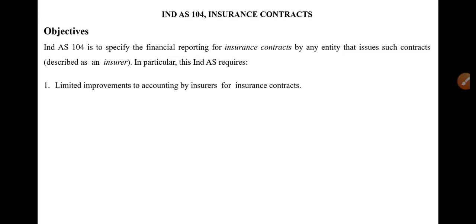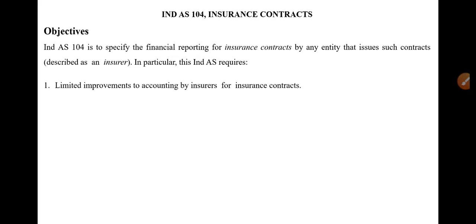Insurance companies usually deal with insurance contracts, and for those contracts they need to follow an accounting procedure, that is identification, measuring, classification. All those procedures they have to follow, and they have to prepare financial statements with regard to insurance contracts.